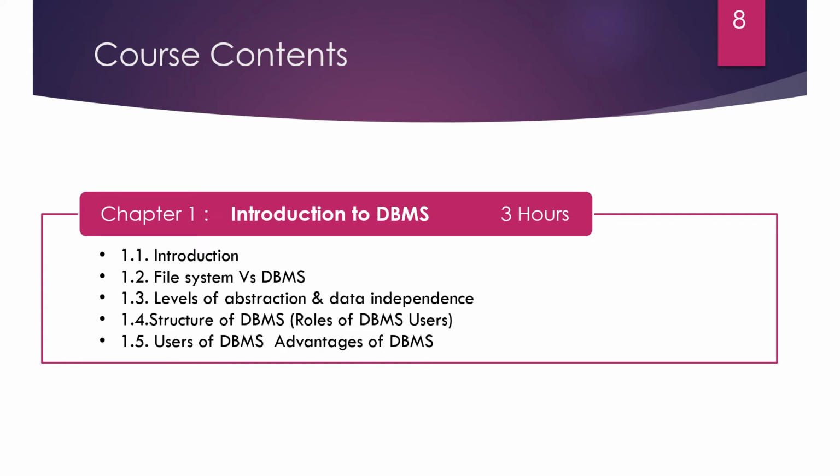These modules deal with some responsibility. So here we will learn this. 1.5 Users of DBMS. DBMS is used by different users such as naive users, application programmers, online users, specialized users, etc. That we have to discuss here, and at the end of the chapter we will discuss advantages of DBMS.